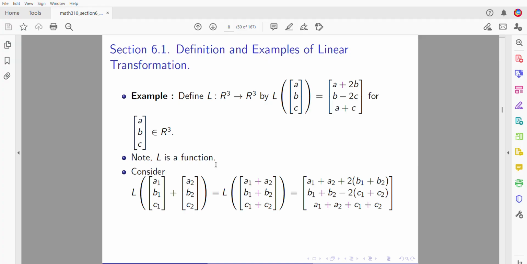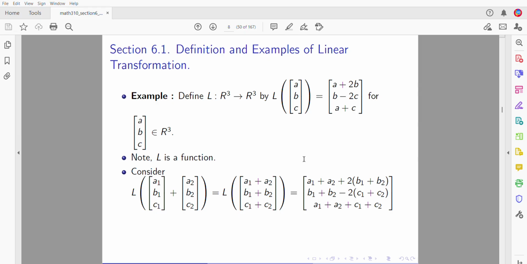Now suppose you have two vectors (a1, b1, c1) and (a2, b2, c2). You add them up, apply L. So L of (a1, b1, c1) plus (a2, b2, c2) equals L of (a1 plus a2, b1 plus b2, c1 plus c2). Now apply this formula. First coordinate plus 2 times second coordinate.